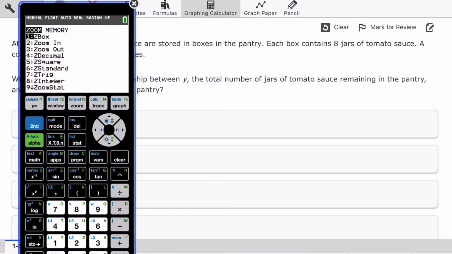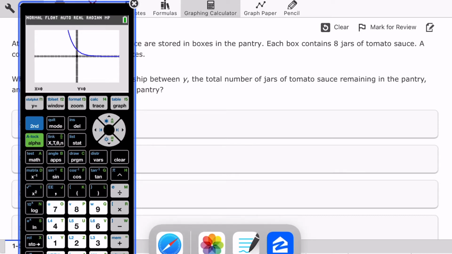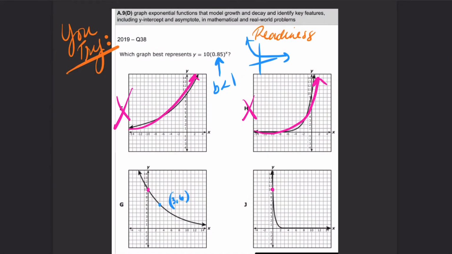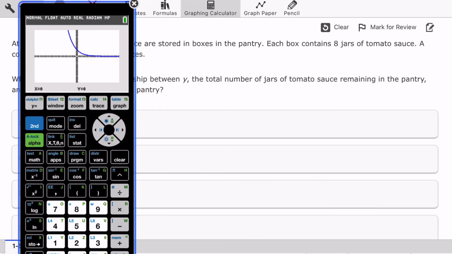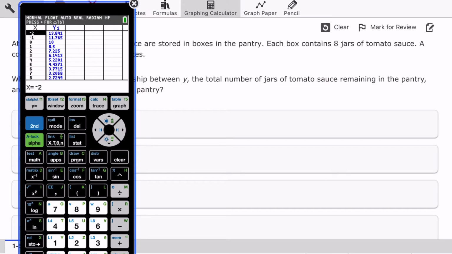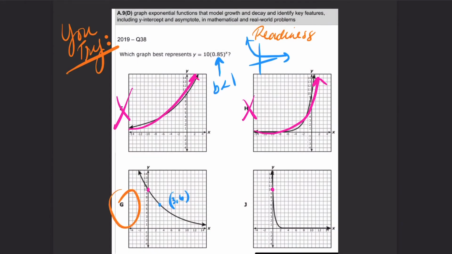If I zoom out, it looks a little bit like G. To make sure, let's look for (3, 6) on the table. So second graph, (3, 6) is right here. It's an estimation, so that is correct. This graph does not have the point (3, 6) anywhere close to it. That's how you know it is not J.